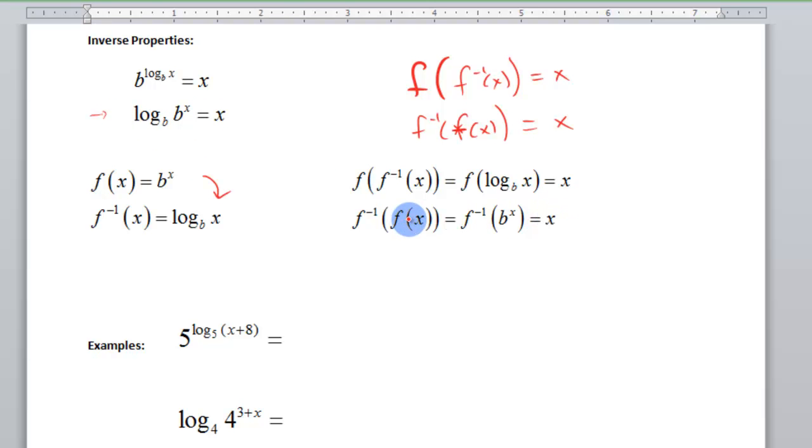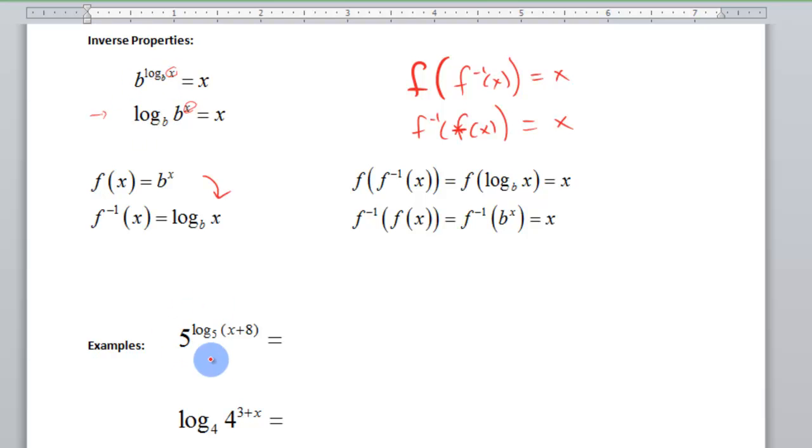So f of x going into here produces x out. They're a little complicated, but basically if you can remember these two rules, they kind of make sense. This one's kind of hard to get at, but you just remember it. The bases equal each other, it's just the input right there, x. If these bases equal each other, it's the exponent. This one usually makes sense. This one you'll definitely see like this.